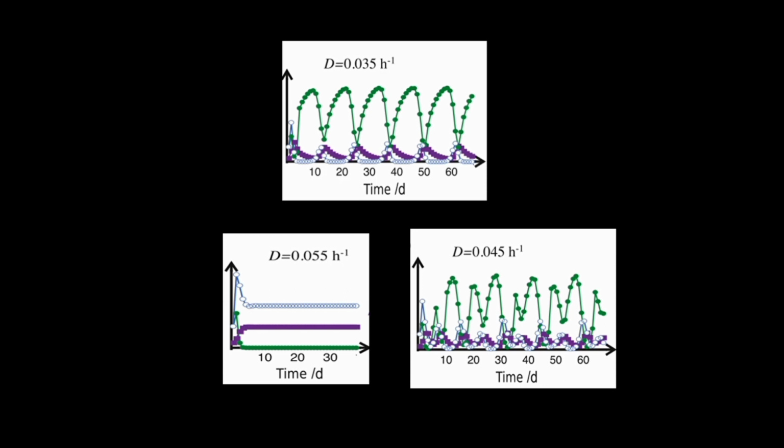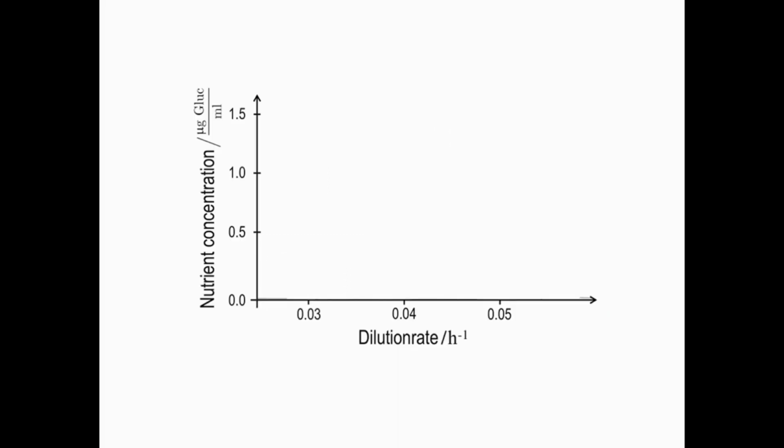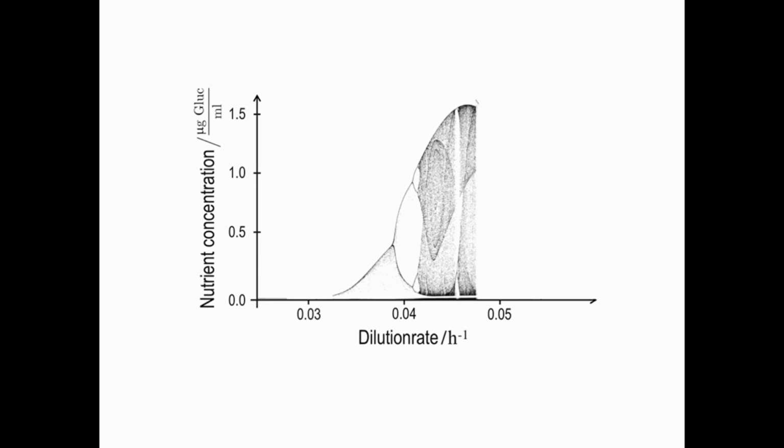If we note the equilibrium concentration of the nutrient versus the dilution rate, we note that it first increases, bifurcates, oscillating between two equilibrium concentrations, divides into 4 and becomes a chaos. Therefore, the rate at which the nutrient solution is poured into the environment has the power to cause chaos.